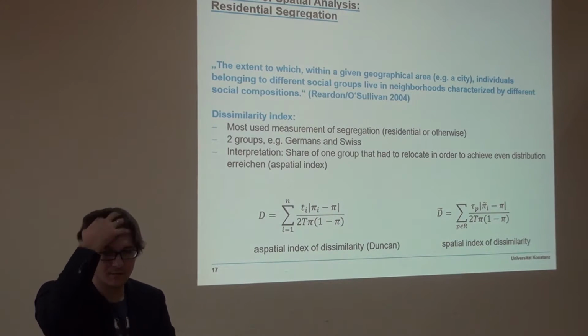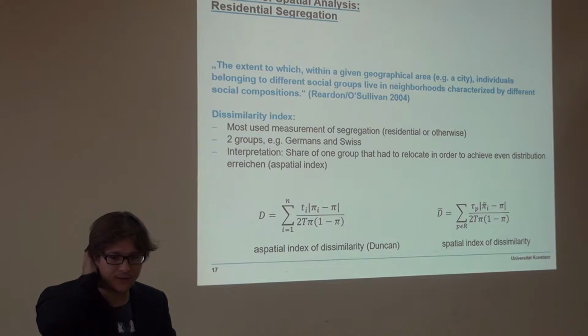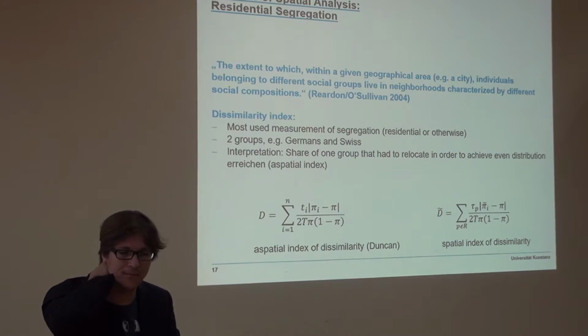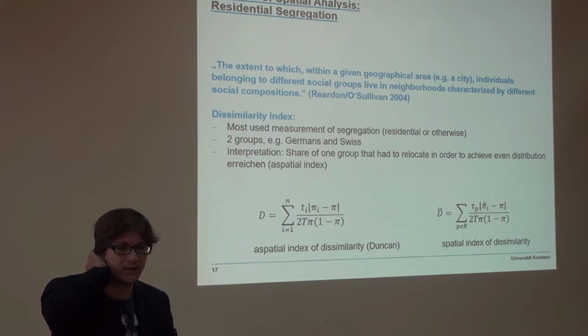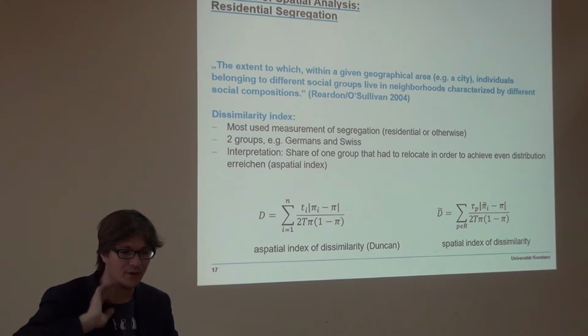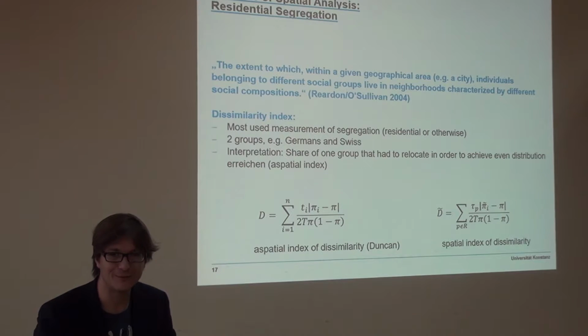A third method of analysis that we also did is that we were interested in residential segregation. And maybe you know the most famous measurement of residential segregation, or segregation in general.